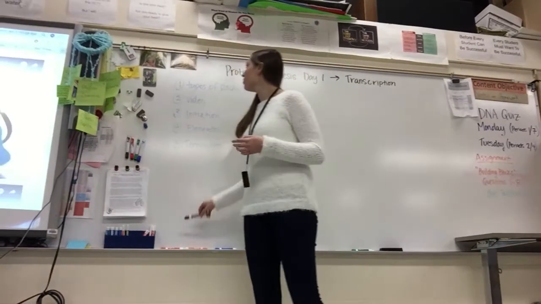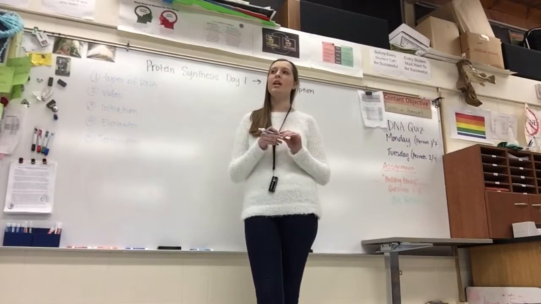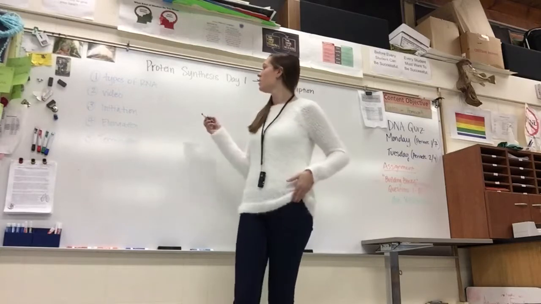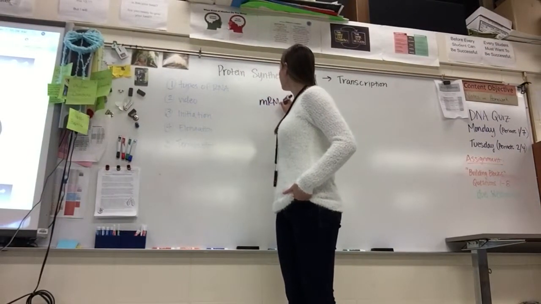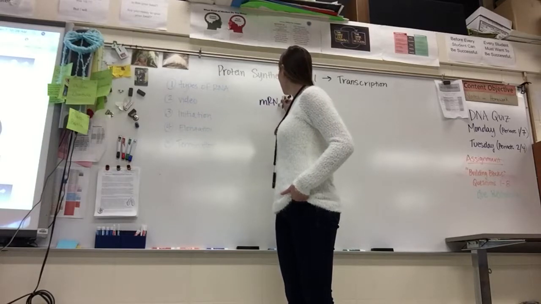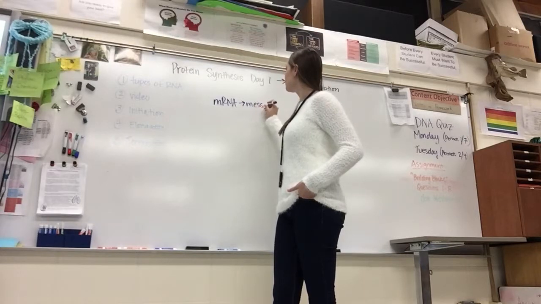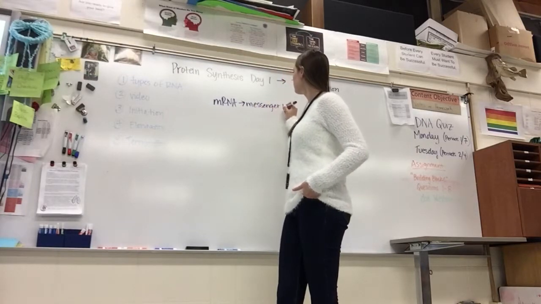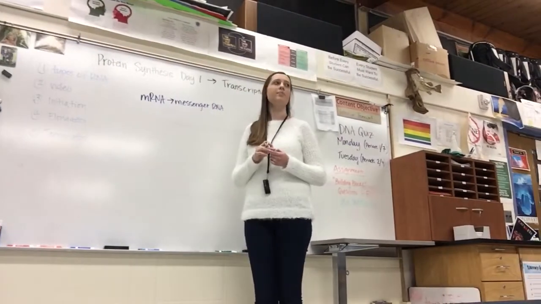But first, let's go over some different types of RNA. So we talked about RNA a little bit in the DNA replication. There's actually three types. There's what's called mRNA. This is a messenger RNA.